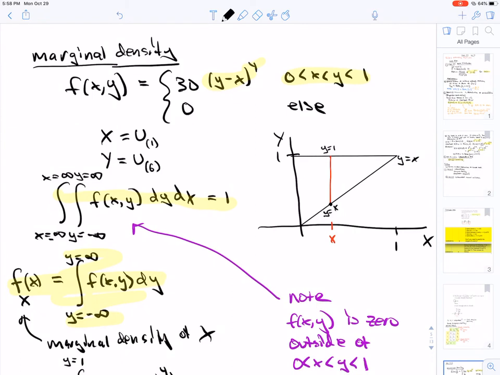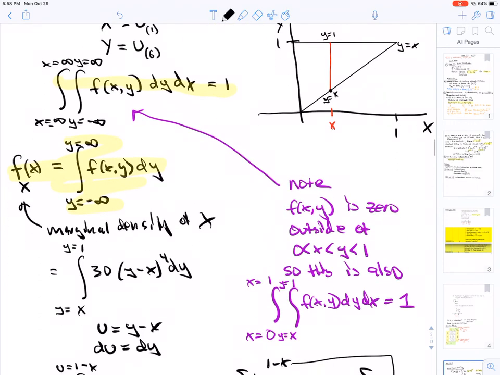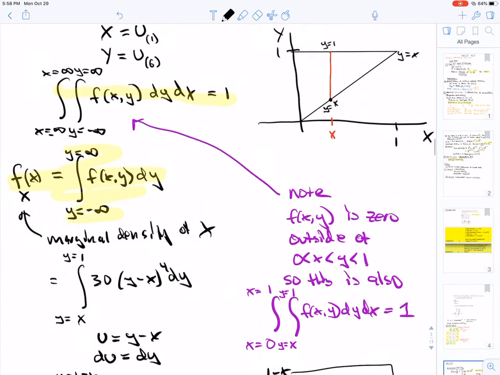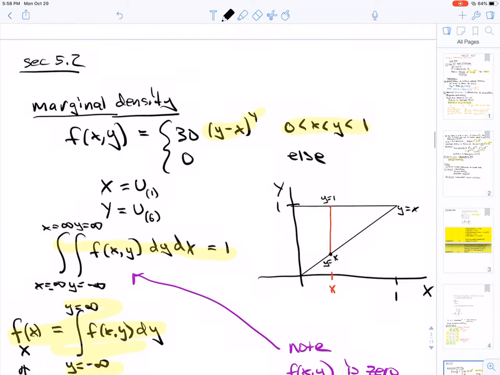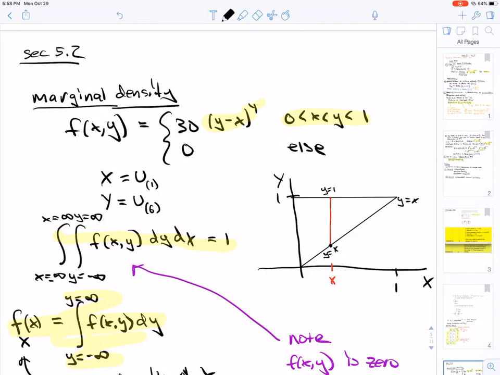So for the example that we just did, we recognize this is a density, and here for the marginal density, basically we fix x and then we sum up all the probabilities for different y's, and in this case what we're integrating over here isn't just the entire plane, it's actually just this triangle that's shown here.